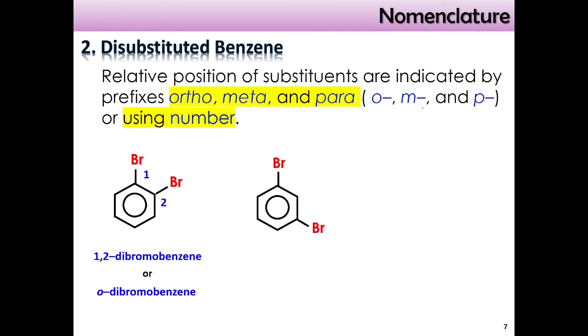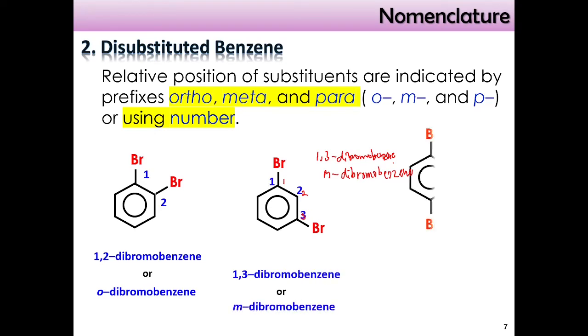Next one, the same thing. This is at position number 1, number 2, number 3. So this will be 1,3-dibromobenzene, or you can name it meta-dibromobenzene.